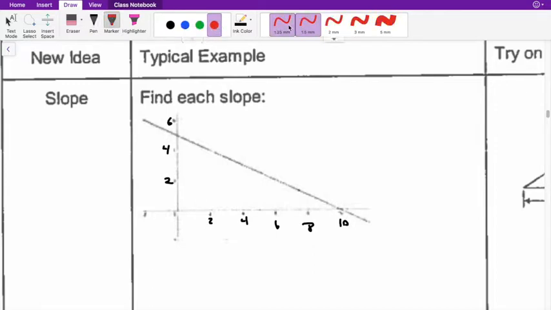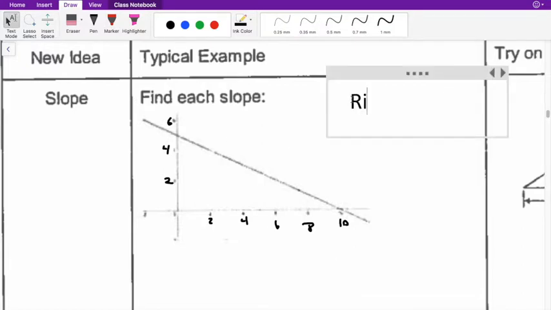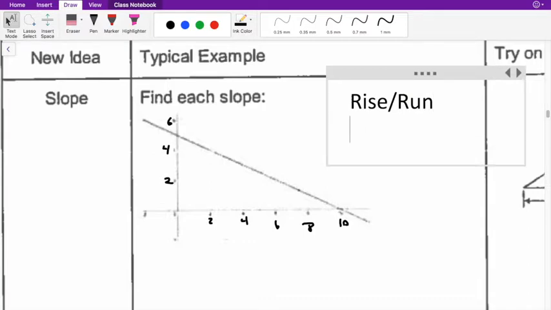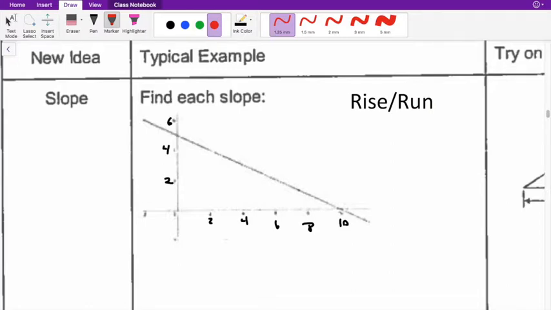So let's do a little rise over run. Rise over run is what we're looking at here. If we take a look at the rise here, we have a rise starting here. It goes here. So that's going to be -5 on the way down.